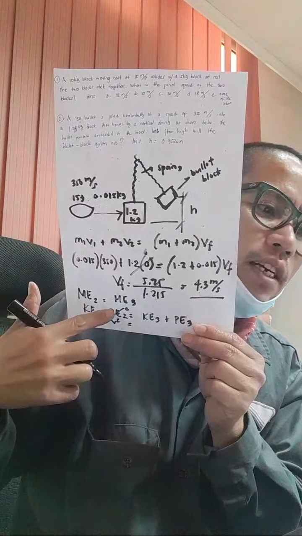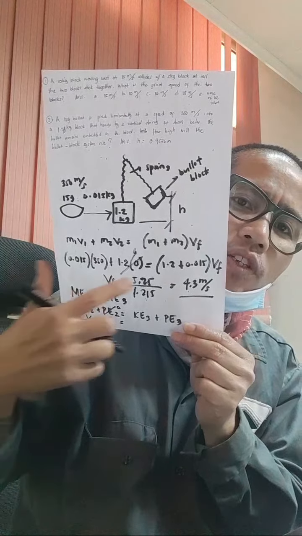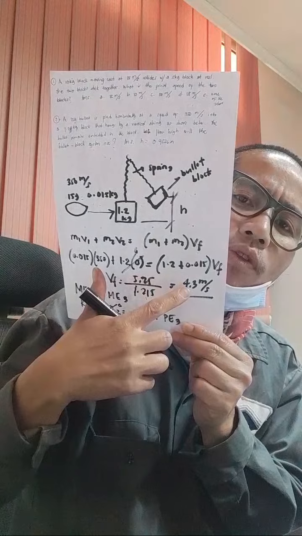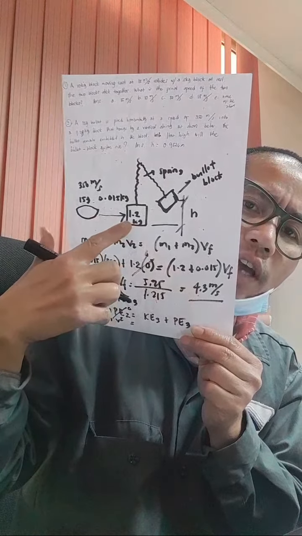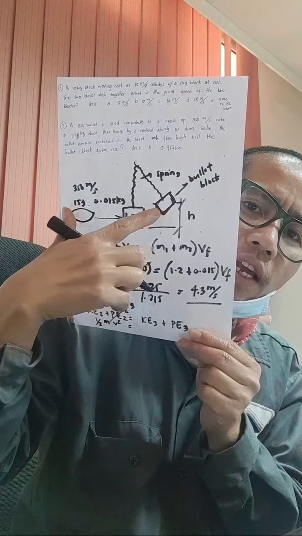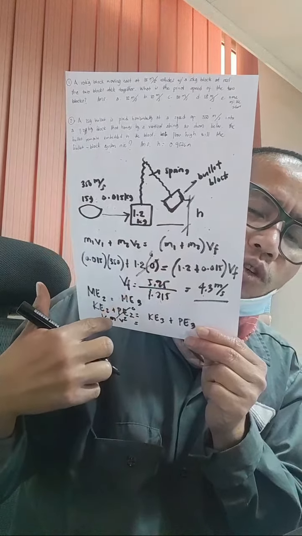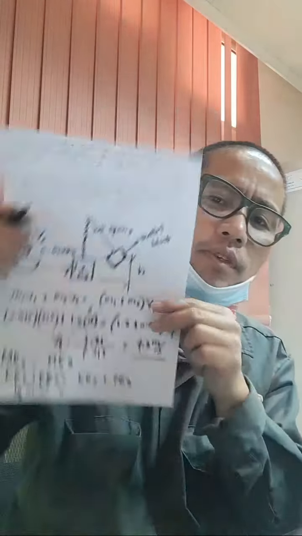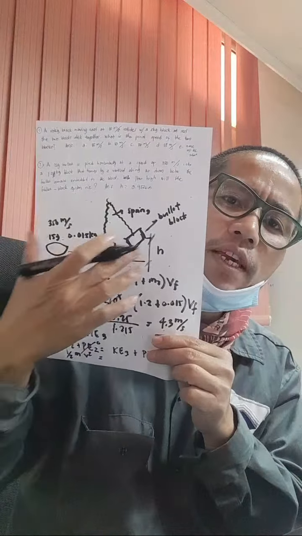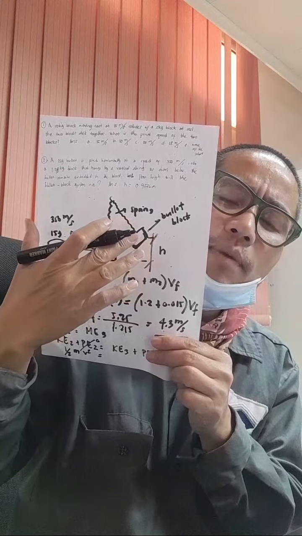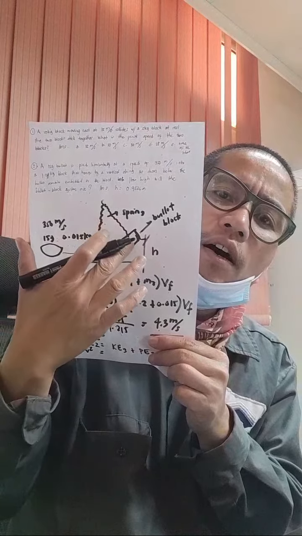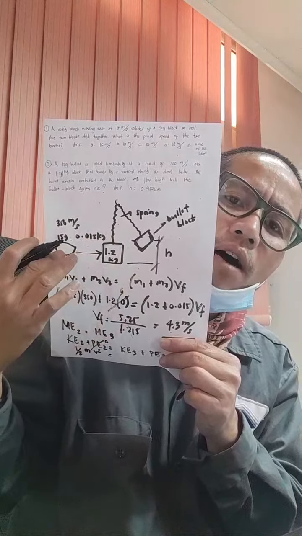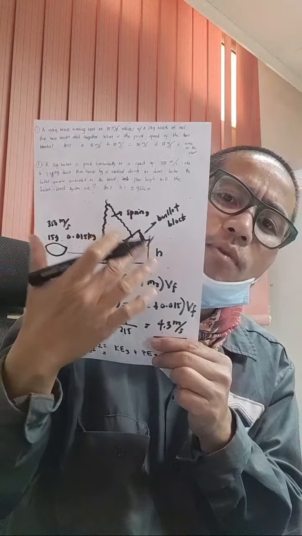The velocity is given, which is computed already, which is 4.3, because this is the final velocity of the two as they stick together and go there. This is 4.3, but later on we will substitute values. And then kinetic energy here: as it moves, it will come a time that at point 3, this total sum of this bullet and this block will stop somewhere along here.